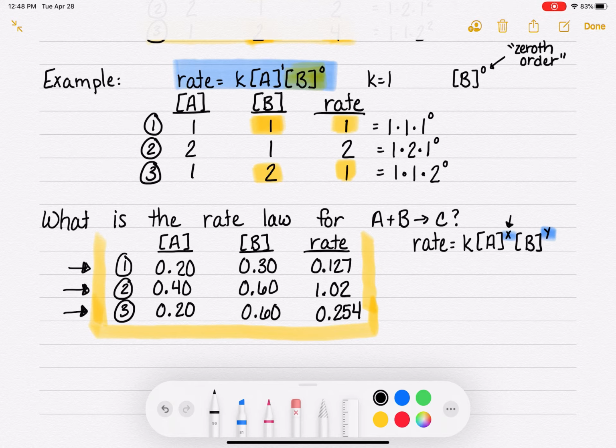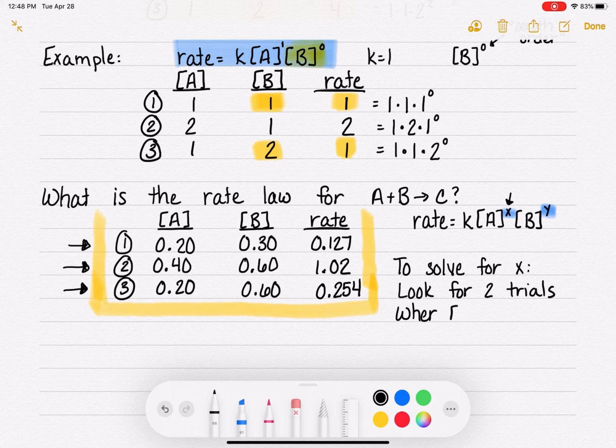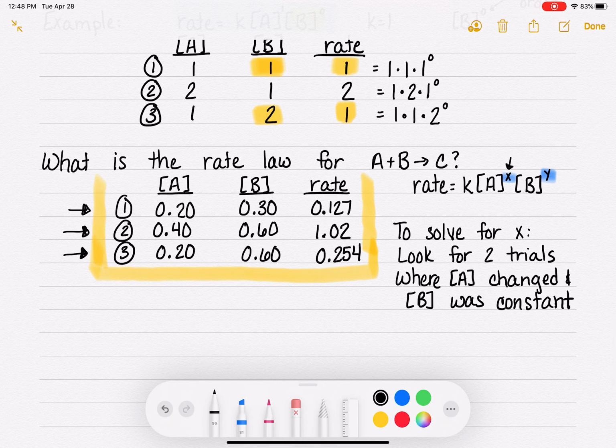We want to find two trials where we have changed the concentration of A, but we have not changed the concentration of B. So to solve for x, we are going to look for two trials where A changed and B was constant.